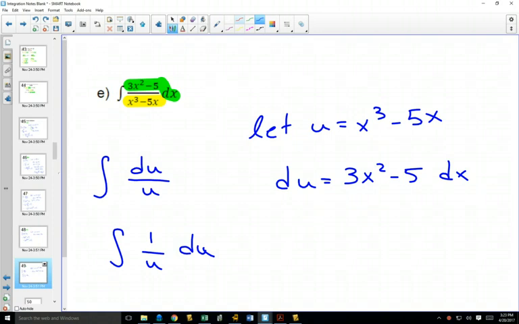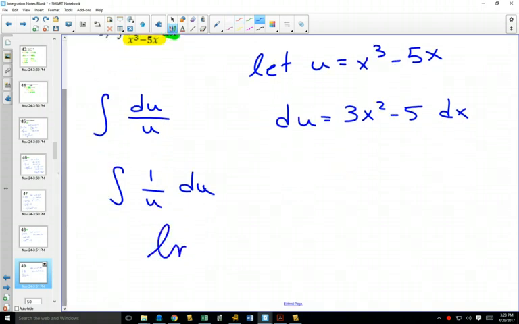And even when we change it, and this is supposed to be easy, this is the hardest one to recognize. But what is the integral of 1 over u? ln u. ln u plus c.